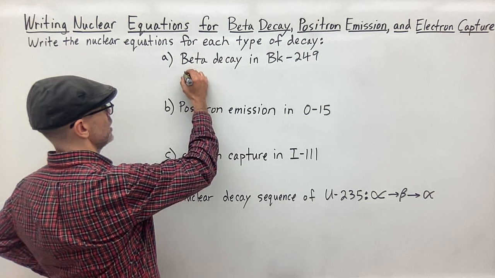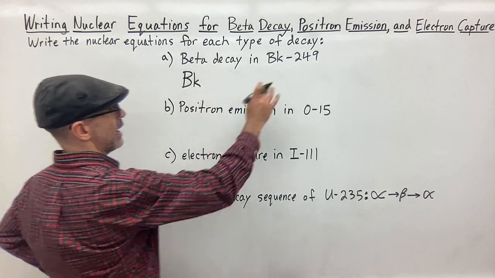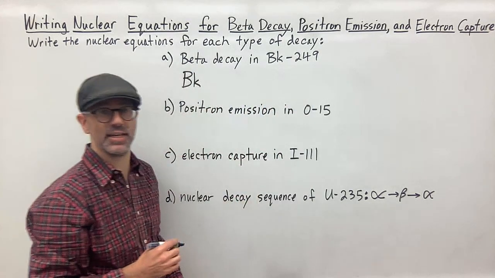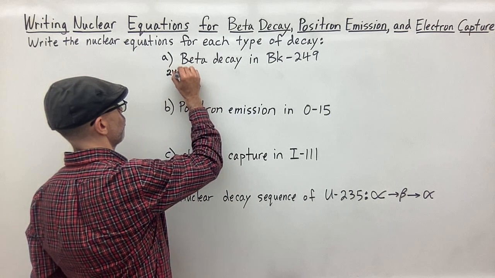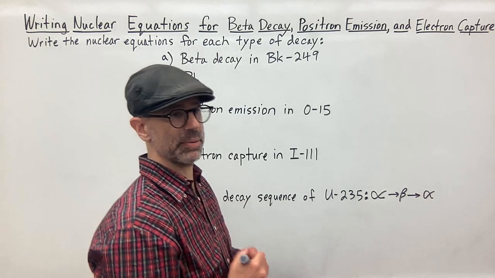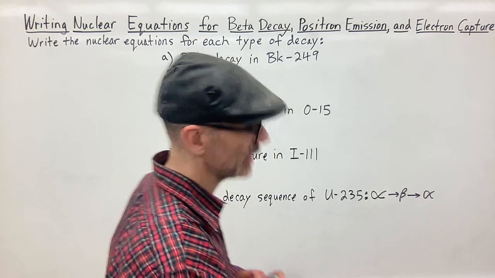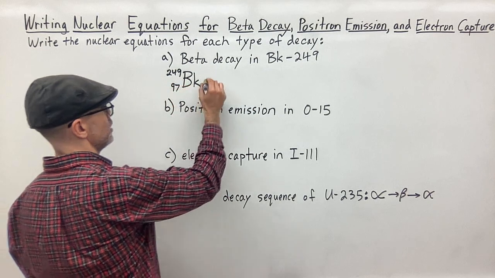So we have BK, and the 249 is the mass number. So we're going to put that up here, 249. And then the atomic number, we look on the periodic table, and the atomic number is 97. So we're going to put 97 down here.